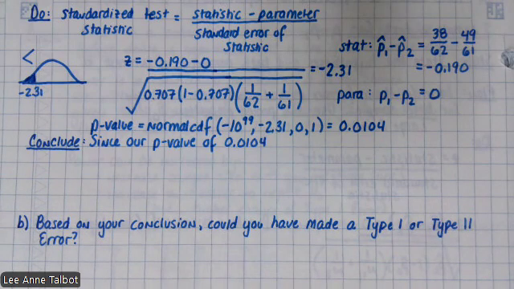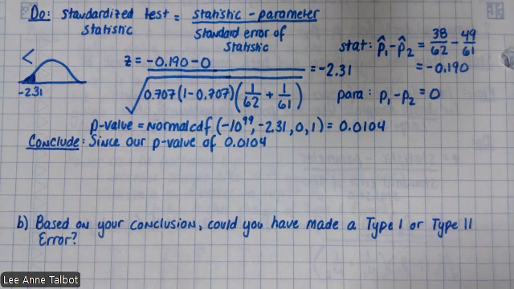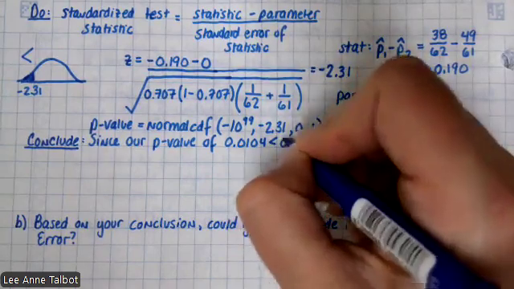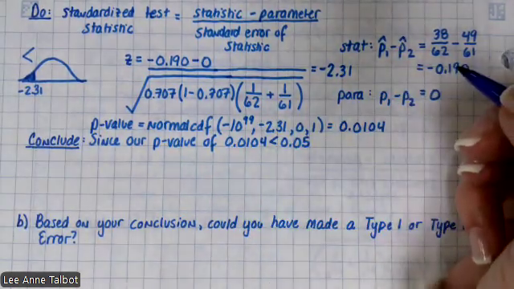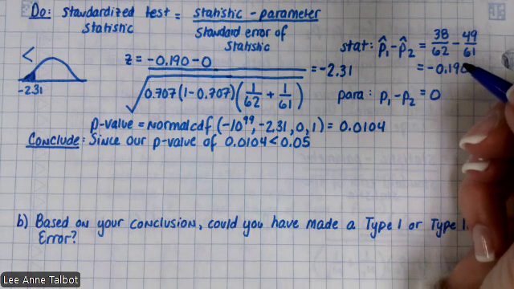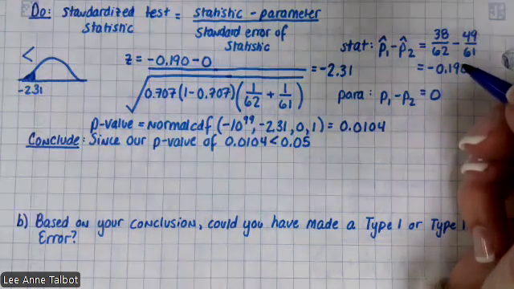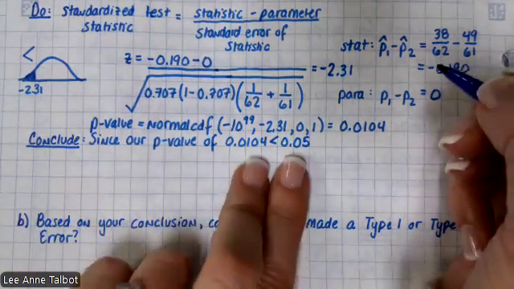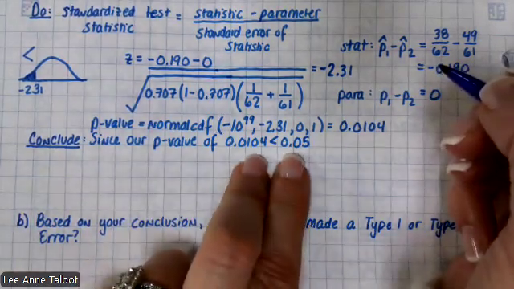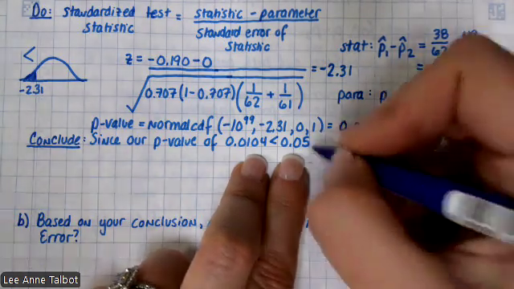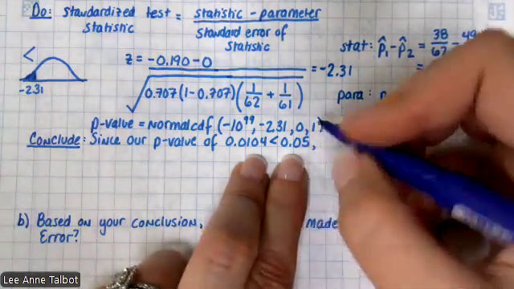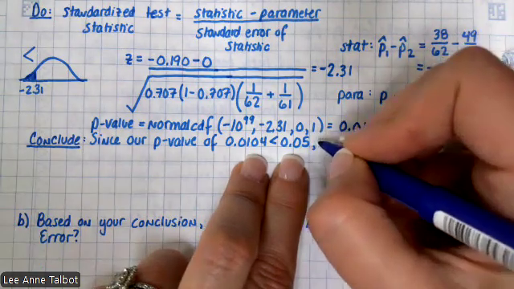Is it less than or greater than alpha? Less than? I'm hoping we all know that 0.01 is less than 0.05. Okay, but what do we do with that information? If the P is low, reject. Yep.